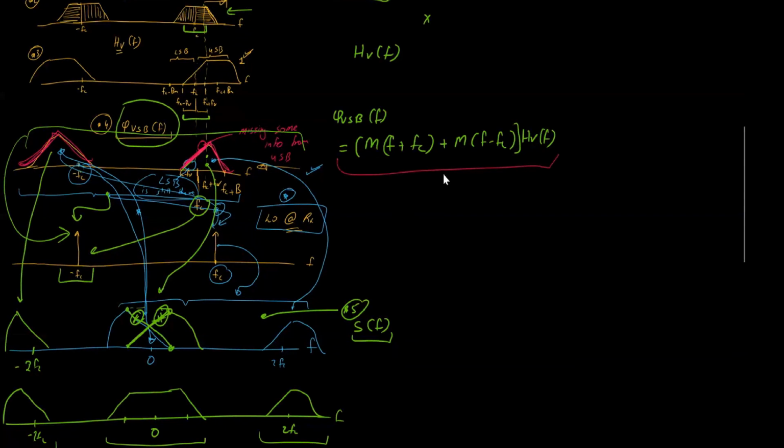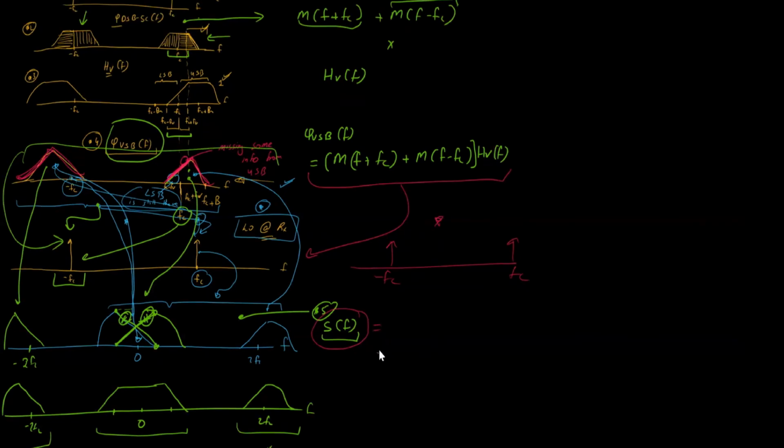So next, this is now convolved with two delta functions again, one at fc and another one at minus fc. So this is something that we call S of f. So this is simply phi VSB of f minus fc plus phi VSB of f plus fc.